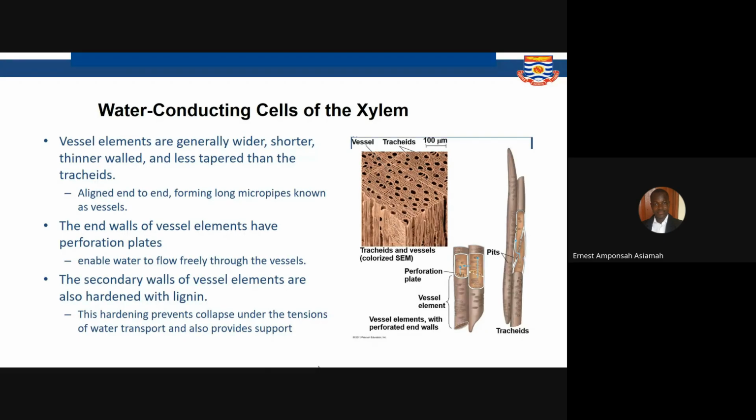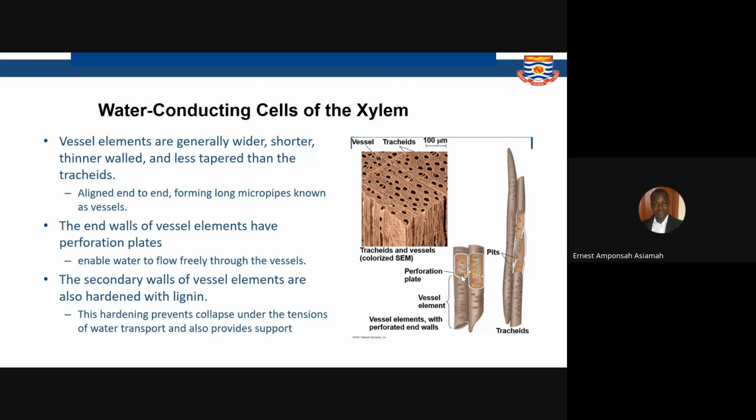And one thing is that it is like having several tubes stacked end to end. They are aligned end to end, so that they can form long micropipes that we call the vessels, and hence their name. And one thing about these vessel elements is that at their ends, it's like there is a sieve between any adjoining vessel elements.